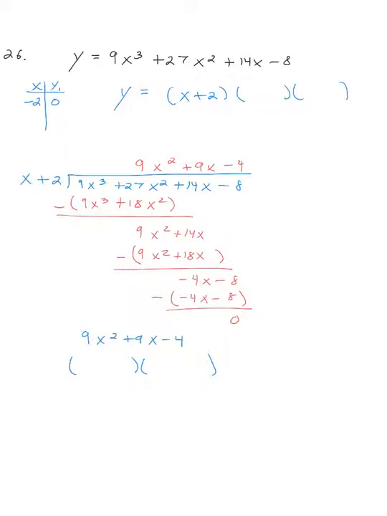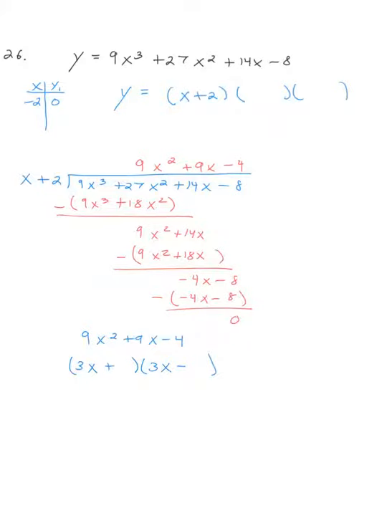And I know, if I'm going to guess this, your choices are to put a 3 and a 3 or a 9 and a 1. 9 and a 1 is impossible. We already know that 1 plus or minus something would be an integer answer, which didn't happen. So I'm going to use a 3x and a 3x. You have to have a positive and a negative if you want to multiply to 4.